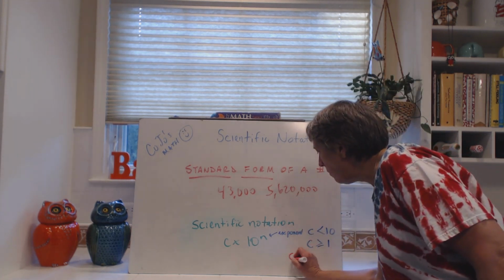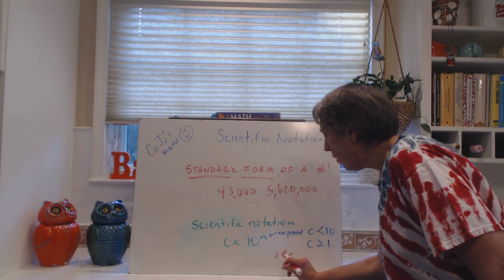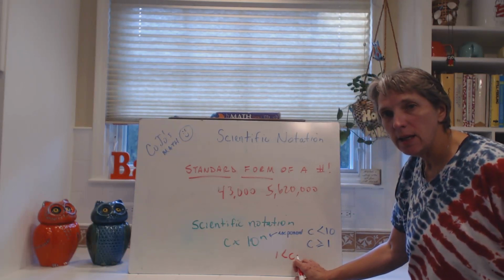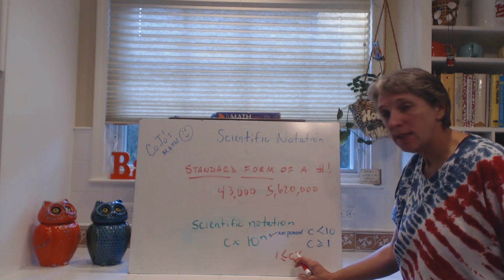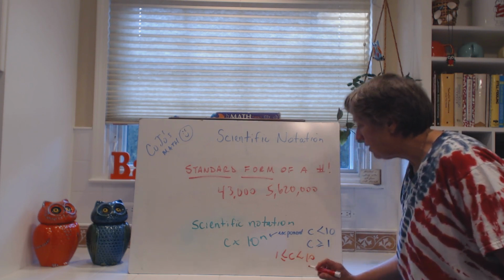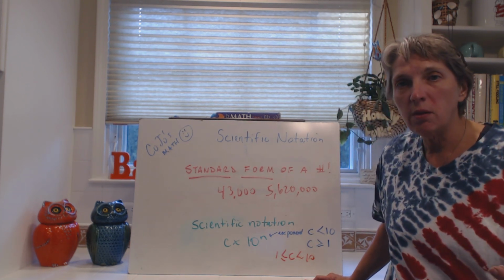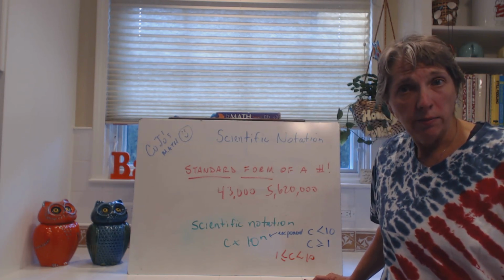So we put C in the middle. We write 1 is less than or equal to C, which is less than 10. So the only numbers that C can be are 1 through 9.